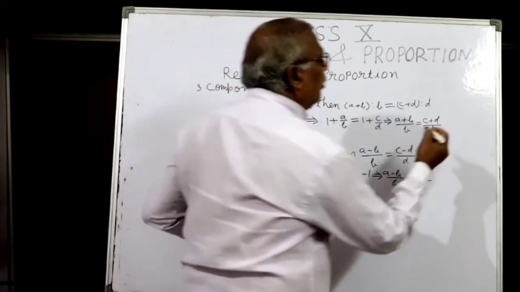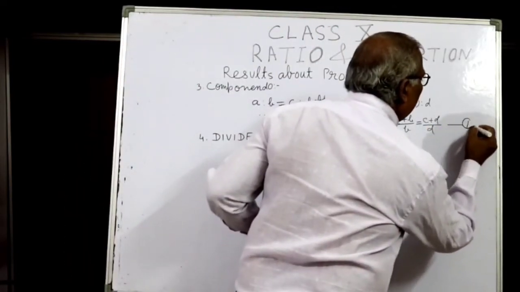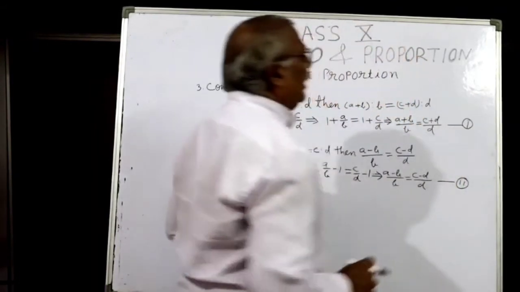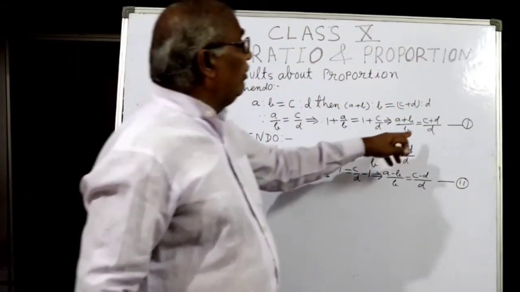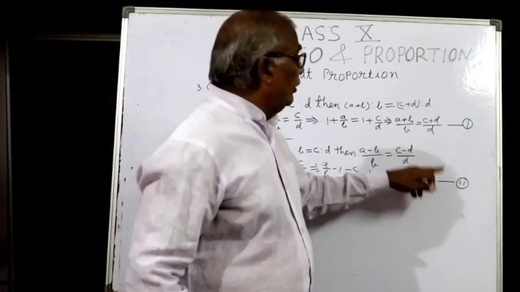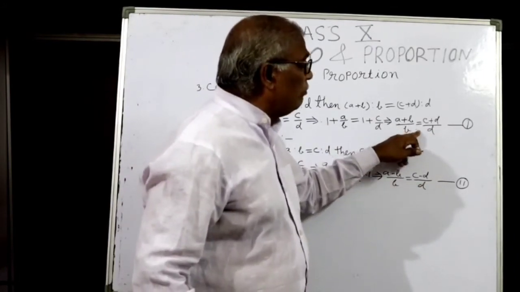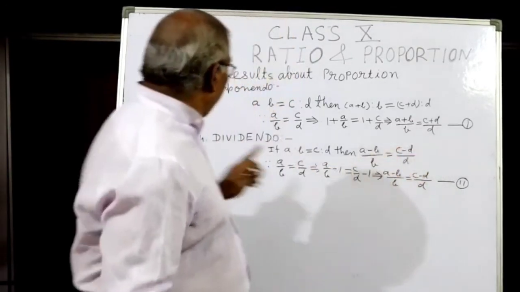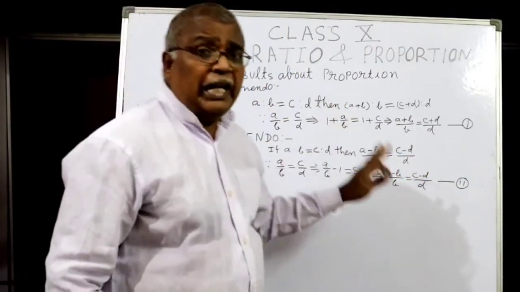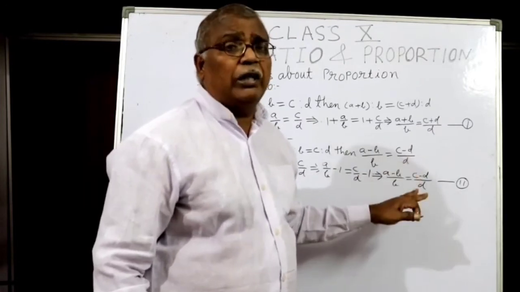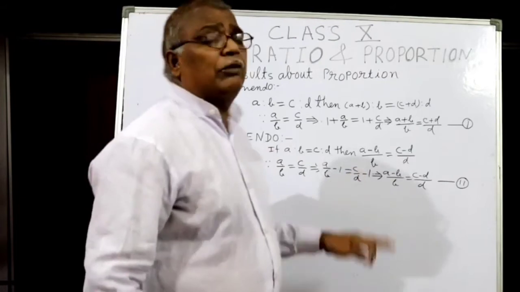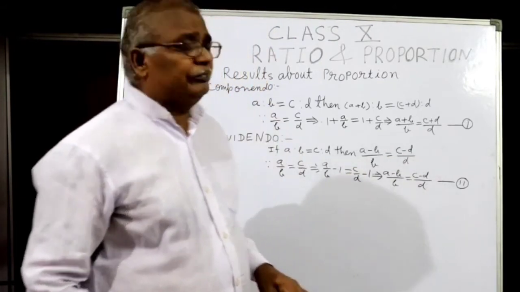If componendo is equation number 1 and dividendo is equation number 2, then by dividing equation number 1 by 2, we can get the fifth result, and that fifth result is called componendo by dividendo property.